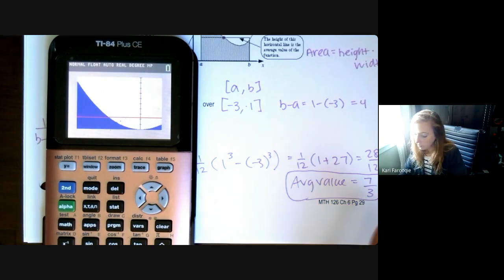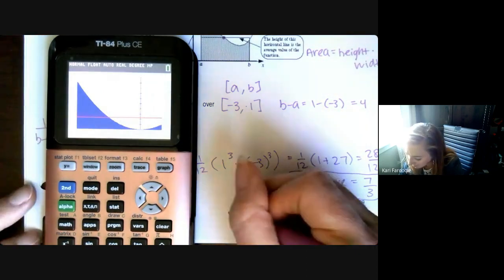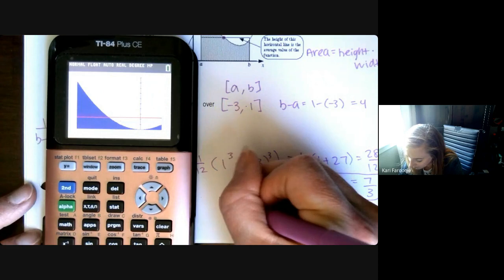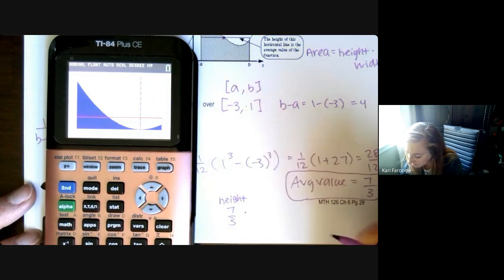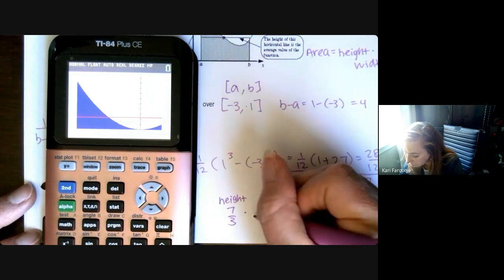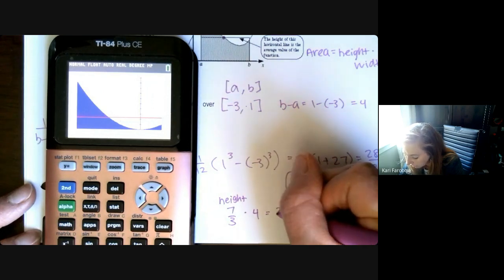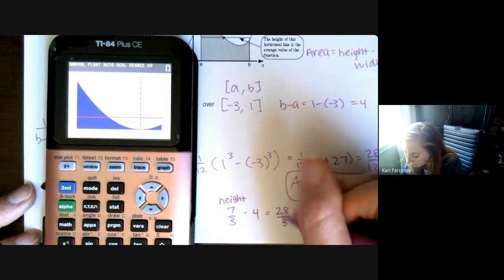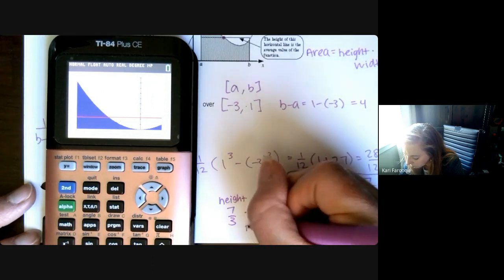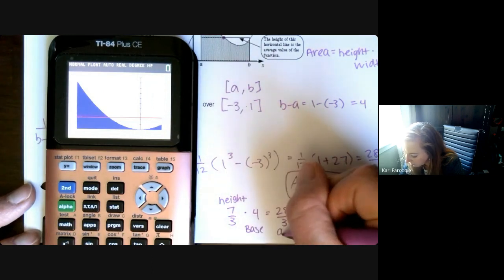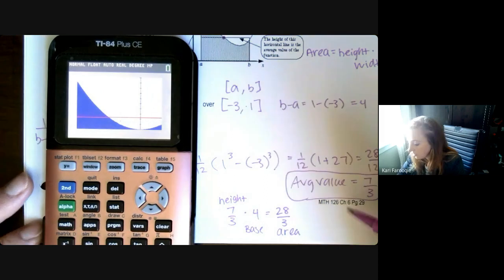So if the rectangle has an average value of 7/3, that means you're taking 7/3, which is the height, times the base of the rectangle, which is 4, and you are getting the area. So height times the base is the area of the rectangle.